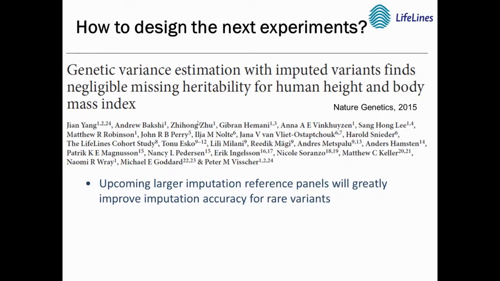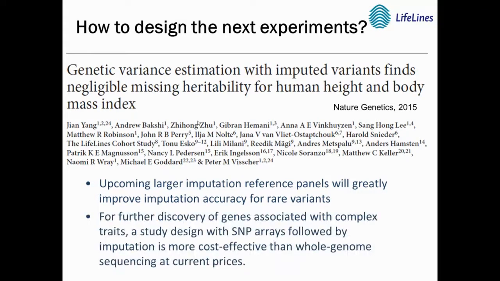One of them was that there were larger imputation reference panels that were greatly improving imputation accuracy for rare variants, even for GWAS chips, for GWAS arrays.